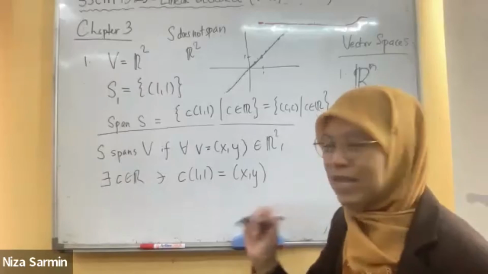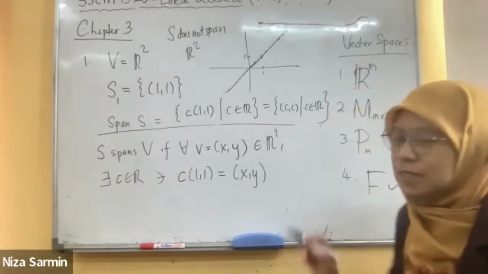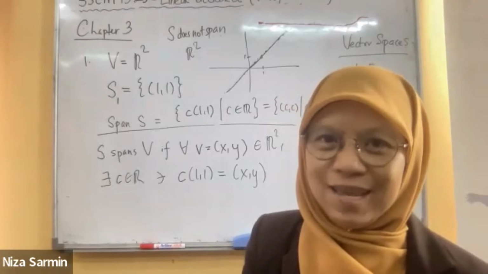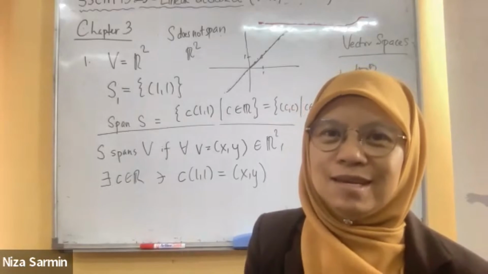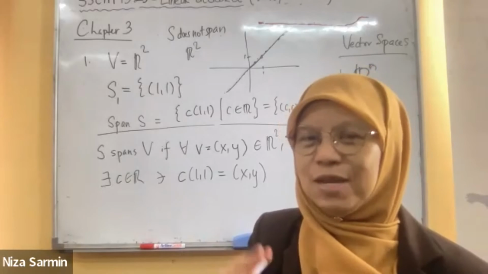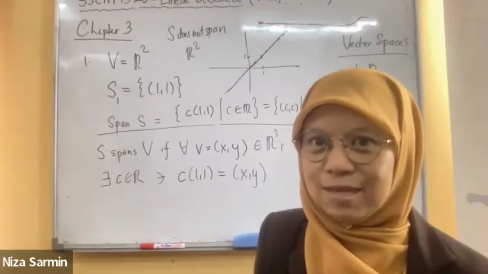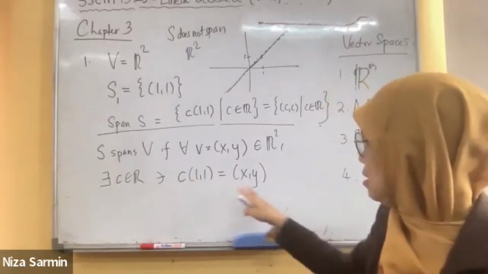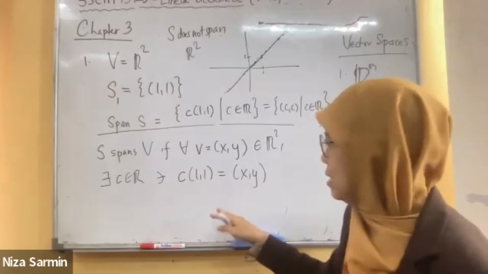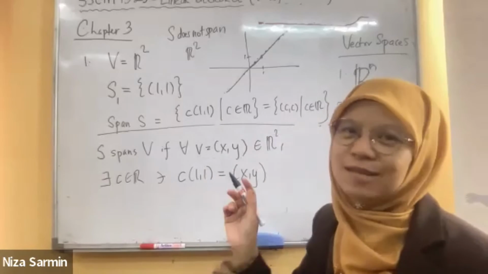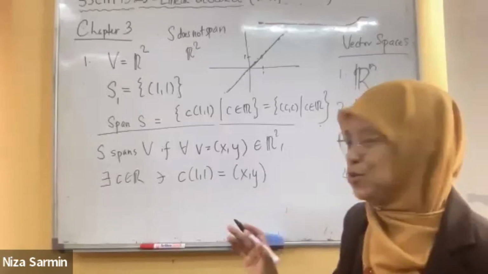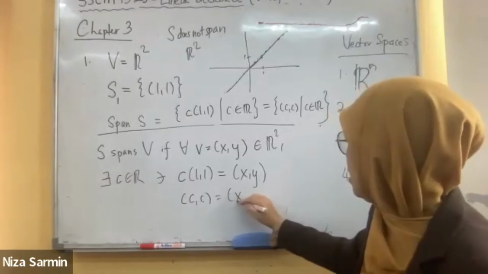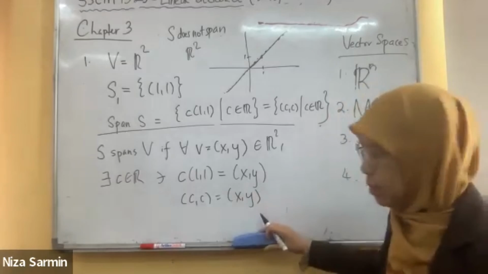Okay, then we want to find the C. This is the minimum number of vectors in the set S, so you don't really see it. After this I will give you another better example. Yeah? You want to solve for C. Okay, this is quite straightforward, right? You don't need to do elementary row operations or Gauss-Jordan because this is straightforward. You put (C, C) equal to (X, Y), right?